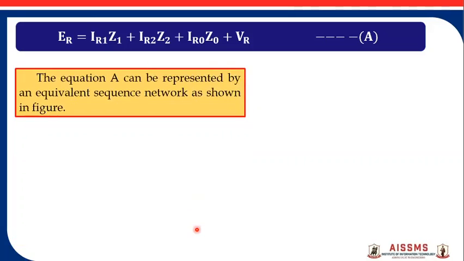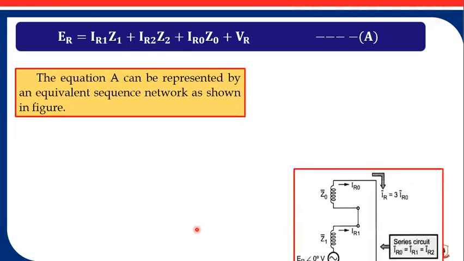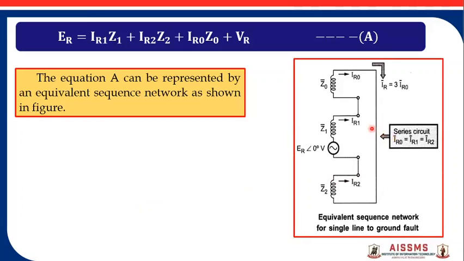So we have the equation ER equals IR1 into Z1 plus IR2 into Z2 plus IR0 into Z0 plus VR. This equation can be represented by an equivalent circuit network, which can be shown like this. The source can be shown only in the positive sequence network; the source in the negative and zero sequence networks can't be shown. The sum IR1 into Z1 plus IR2 into Z2 plus IR0 into Z0 is the sum of all the voltage drops, and these voltage drops are in series and equal to ER.